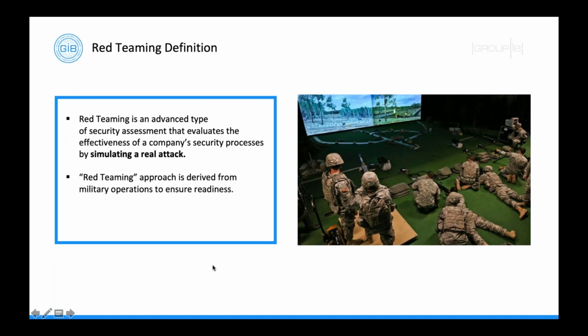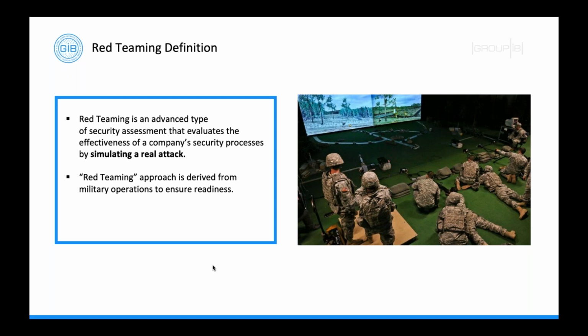So red teaming as a definition, it's an advanced type of security assessment, and really it comes from military terms, to see if an organization or a group is ready to defend itself against an attacker.